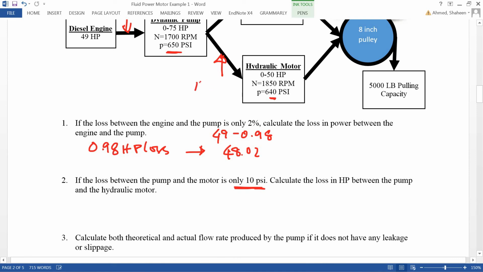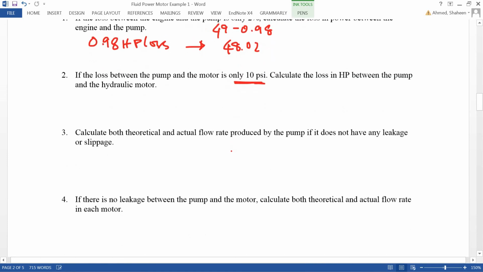So we can simply say 10 psi loss, 10 by 650 times 48.02, which I calculated as 47.28 horsepower. That is available to the motor.